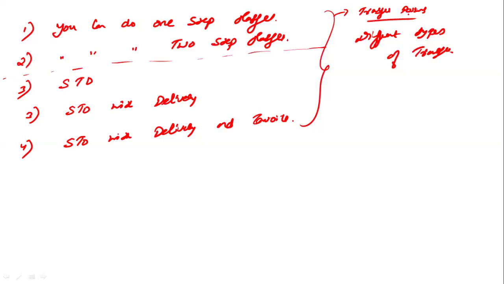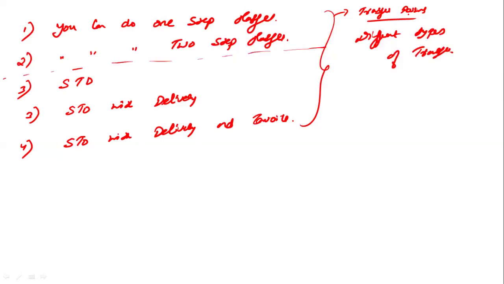In the last class, we discussed inventory management: what is stock, what is transfer posting. All the movement types starting from the 3 series and some movement types starting from the 4 series are transfer posting. Transferring the material from one storage location to another, from one plant to another plant, or from one stock type to another stock type. These are called transfer posting.